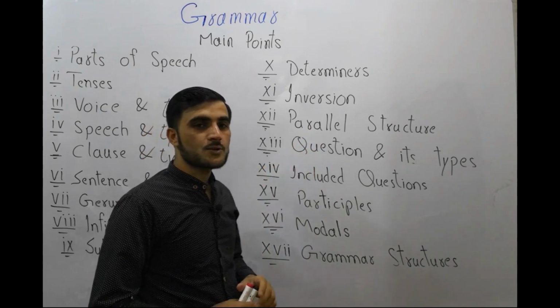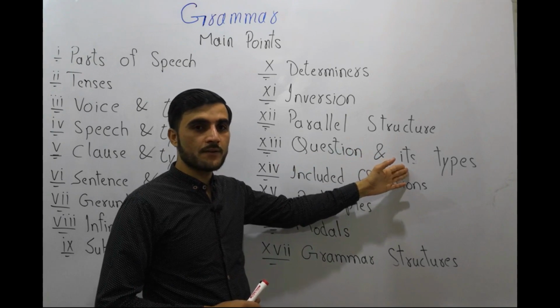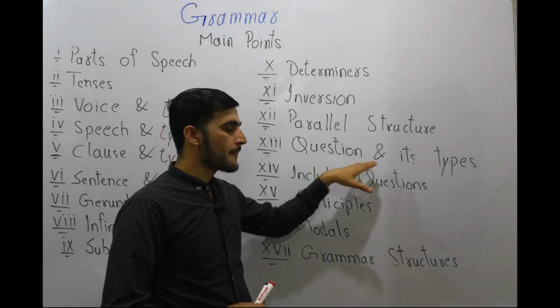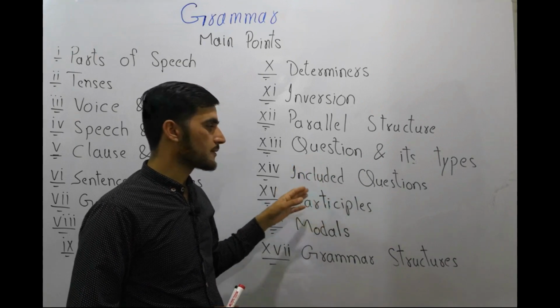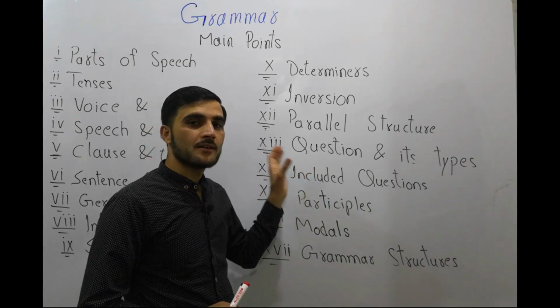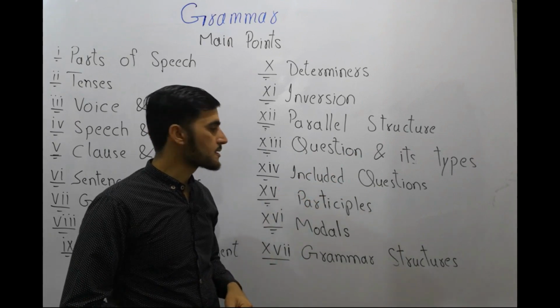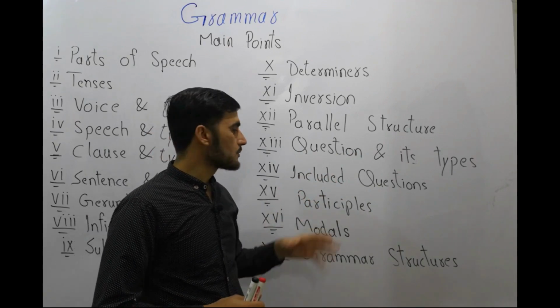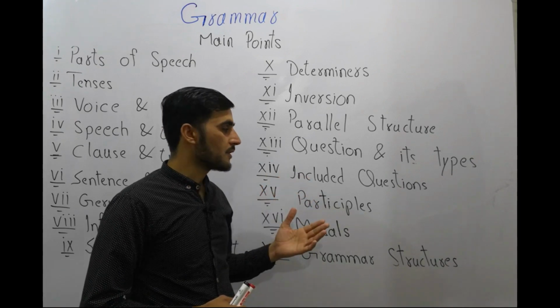The other one is question and its types. What is a question? How many types of questions do we have? All these things will be taught here. So don't miss them, and try to watch these videos so that you can get information about questions and their types. The next part is embedded questions. In embedded questions we understand the formal way and informal way of asking a question.